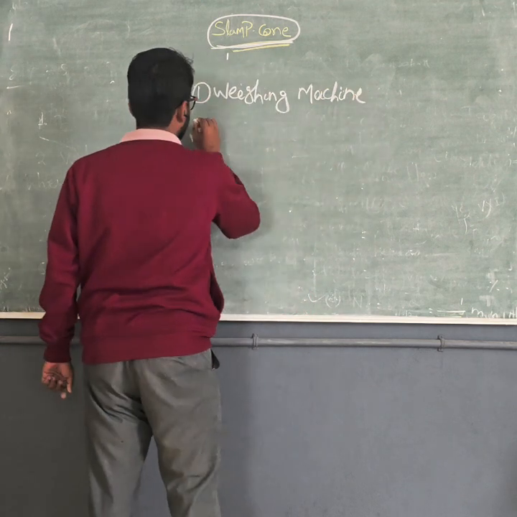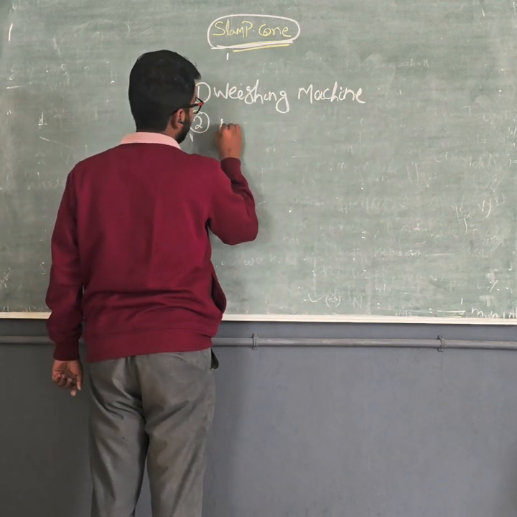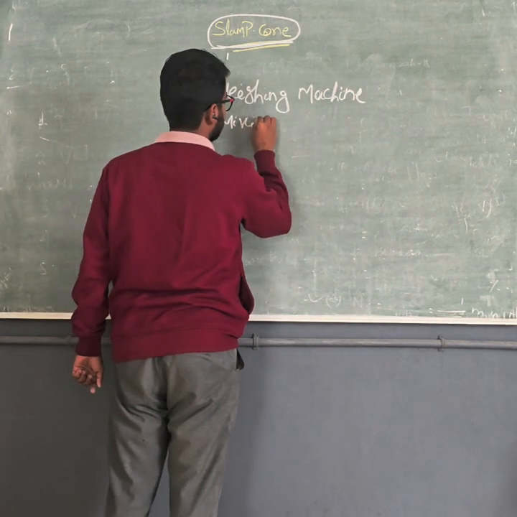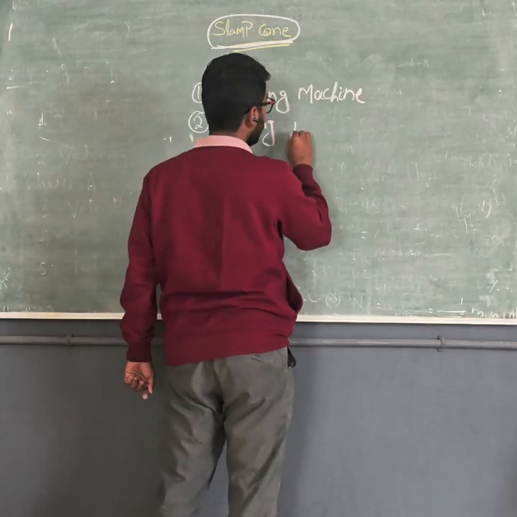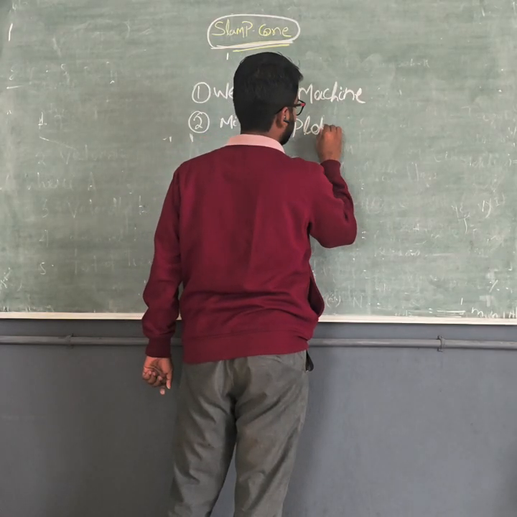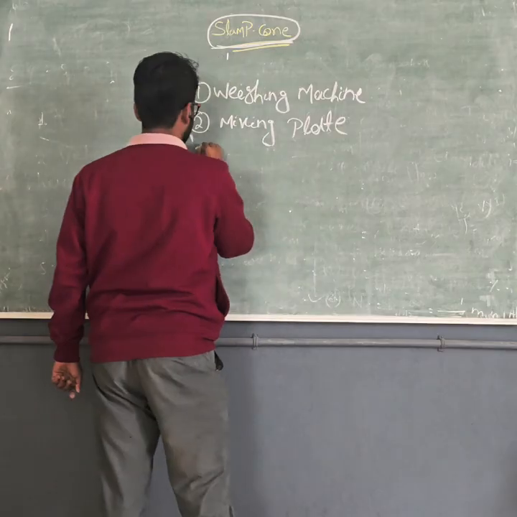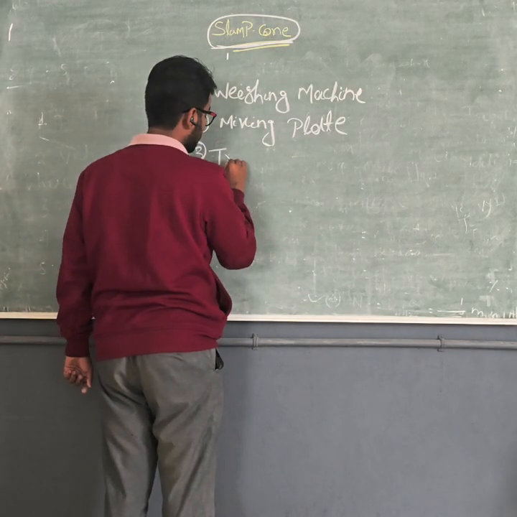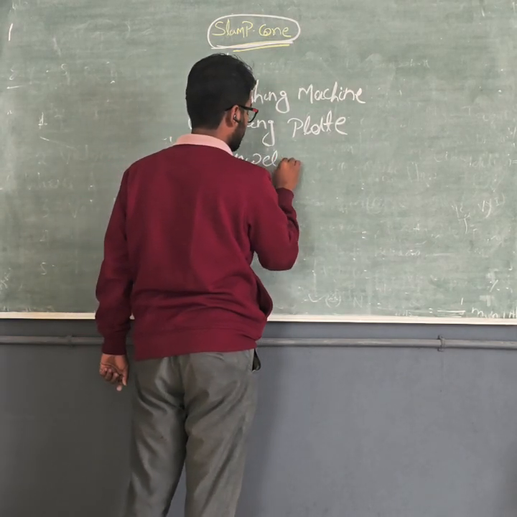The first thing is the weighing machine, the second thing is the mixing plate, and the third thing is the trowel.